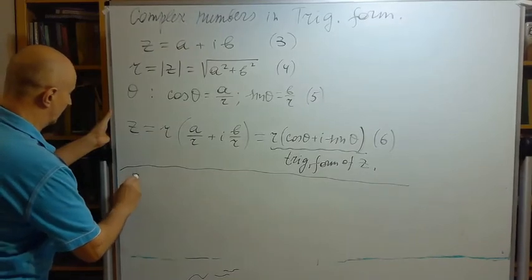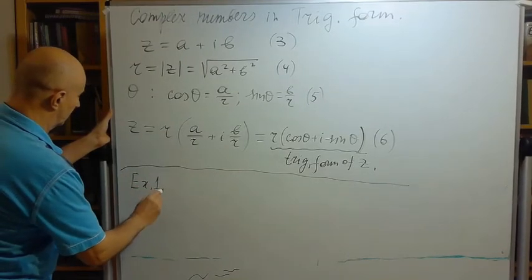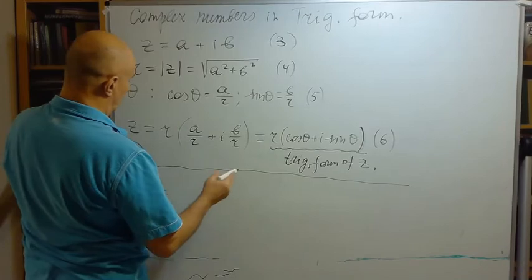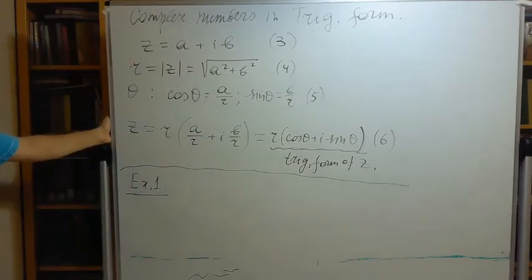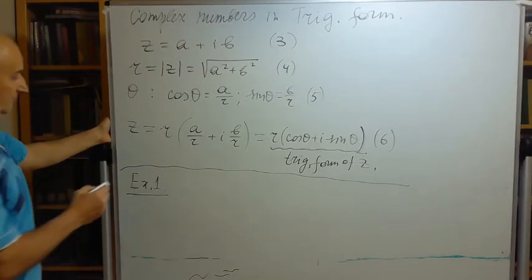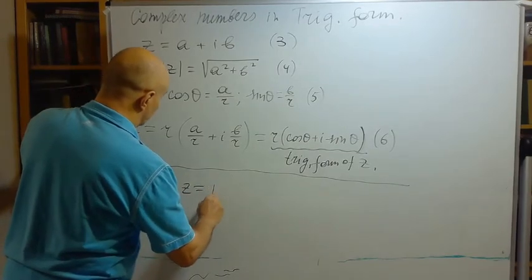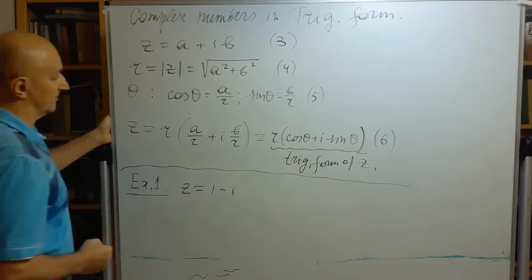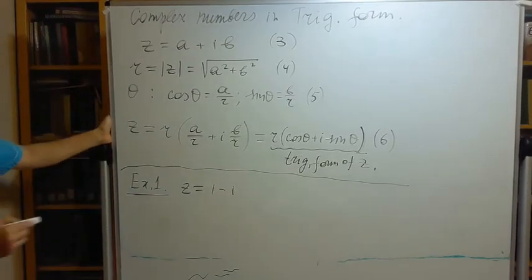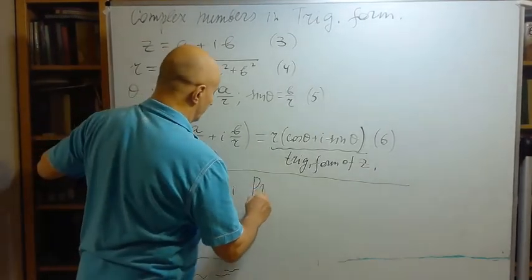So example number 1. Write z in trig form. z equals 1 minus i. Present in trig form.